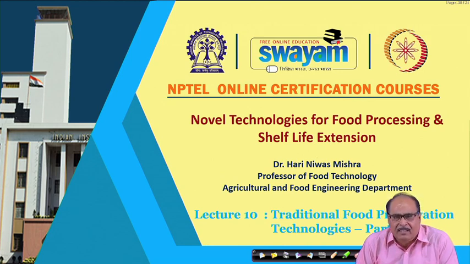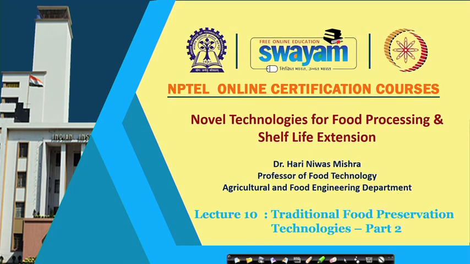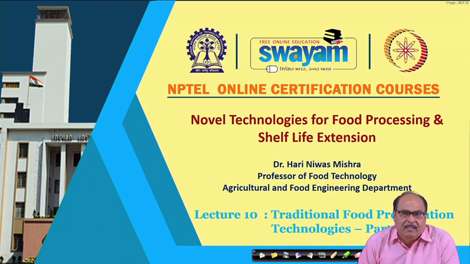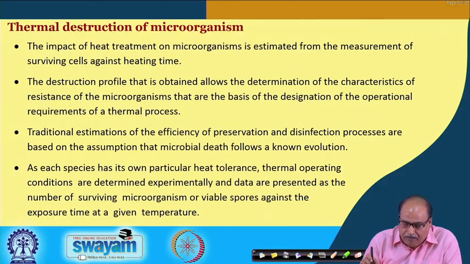So, in this part of the lecture, traditional food preservation technologies part 2, we will basically discuss what happens, how the microorganisms get killed when heat energy is given to the food.